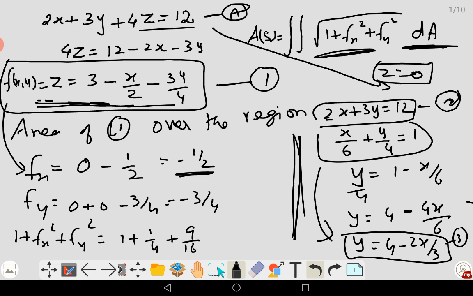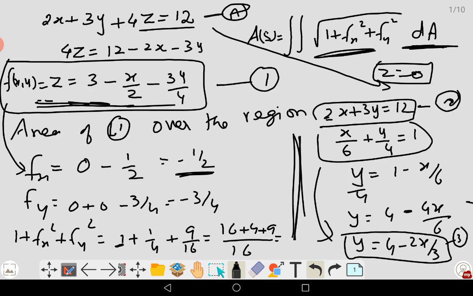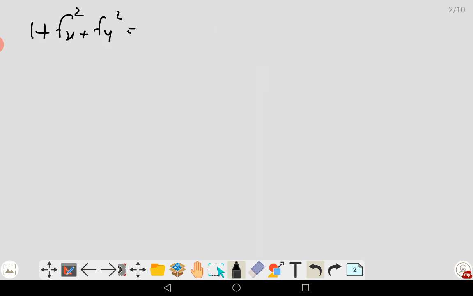So sum them up. Take LCM of 16. So first term is 16 over 16, this is 4 over 16 plus 9 over 16. So you get 1 plus fx square plus fy square is 29 over 16.